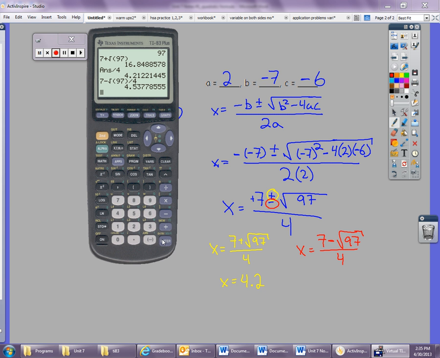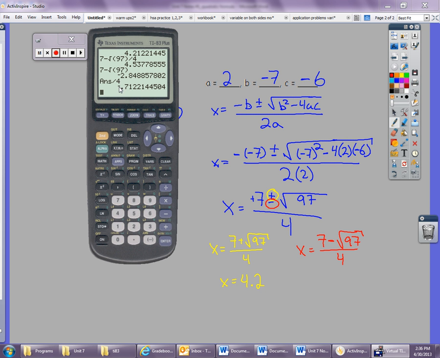And this time we get 4 point, actually I did this wrong. Now, the mistake I made here is since I type it out, it's taking this radical, the square root of 97, and dividing it by 4 first. And then subtracting 7, so order of operation. So I want to do 7 minus the square root of 97, enter. Now that's negative 2.8, and then divide it by 4.